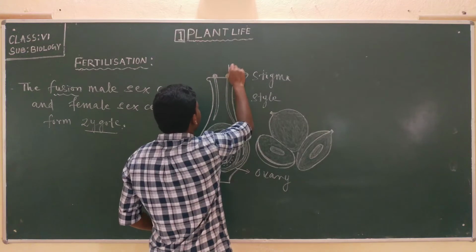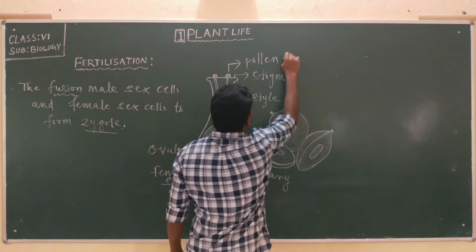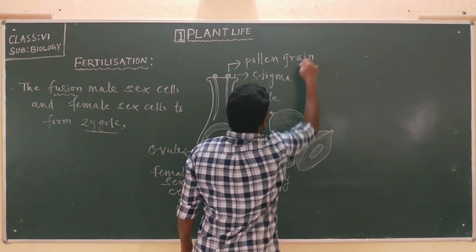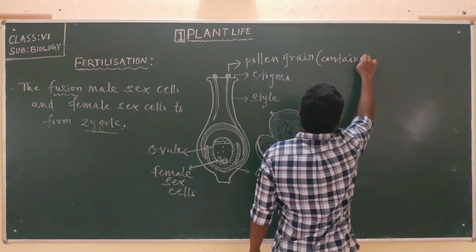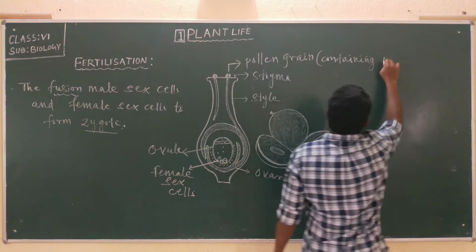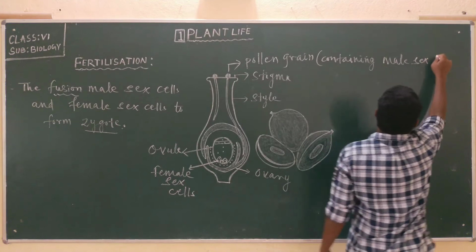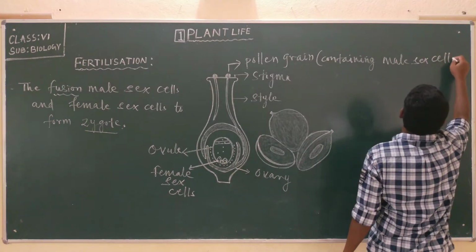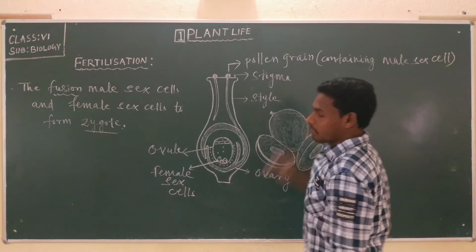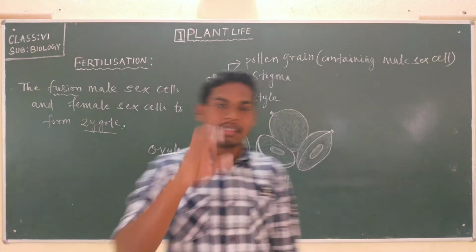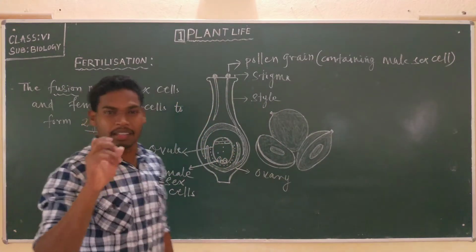This is the pollen grain, containing the male sex cell. So the pollen grain contains the male sex cell, and this ovule contains the female sex cell.